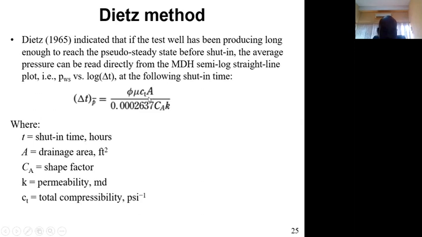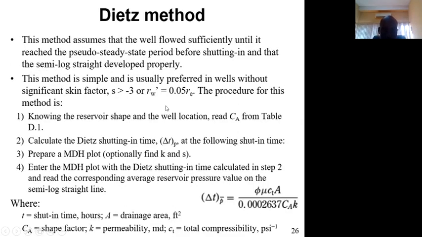this is given, you'll be given all this, and this is the shape factor that corresponds to your own drainage area. This is permeability obtained from the slope M. The method assumes that the well has flowed sufficiently until the steady state is reached.